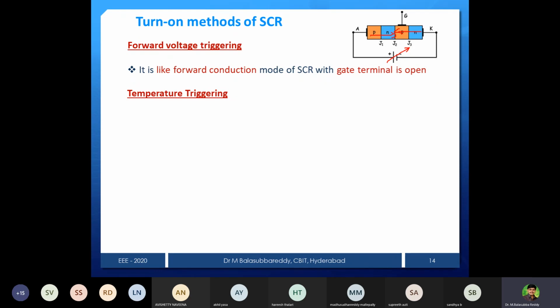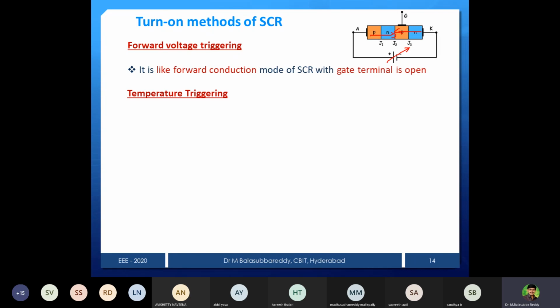You need to prevent this method. Otherwise, whenever the temperature rises, the device is going to turn on. For that reason, to prevent temperature triggering, we need to use heat sinks. The device has to be mounted on the heat sink.